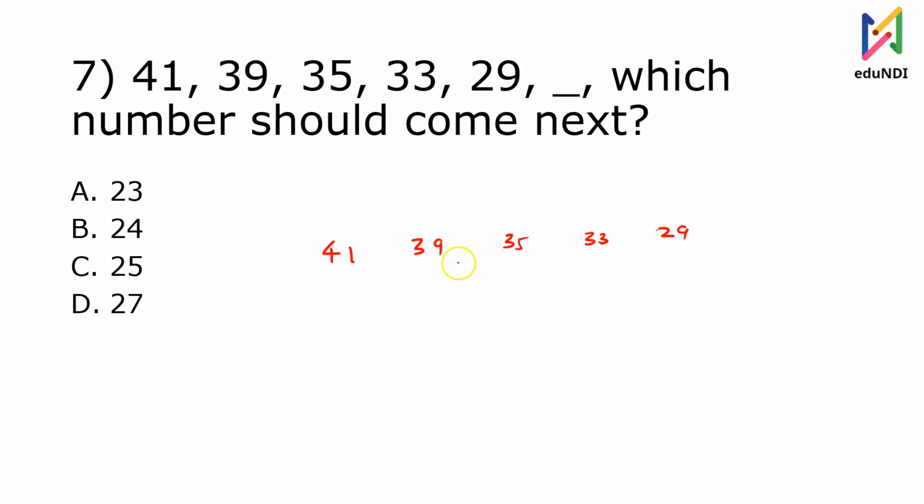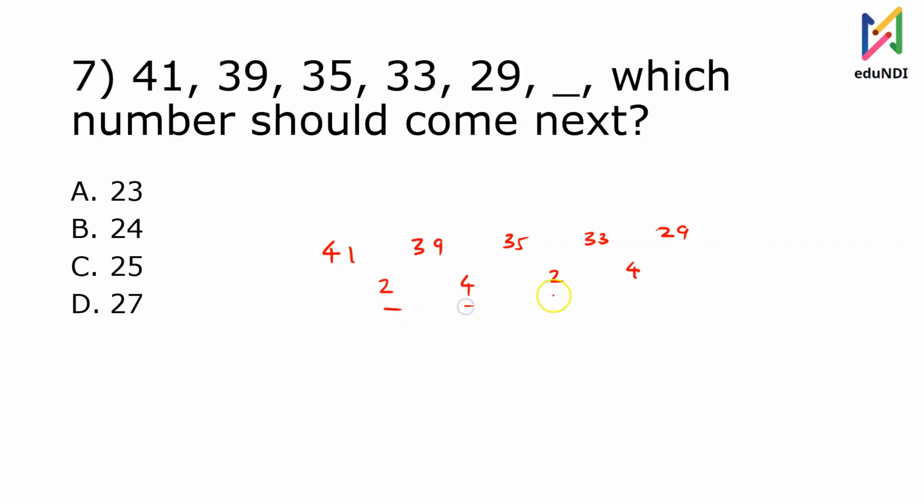So if you see these numbers, obviously there is no specific pattern. In the earlier example, the divisibility by 7 was very apparent, right? Here nothing is there. So what is the next step? You will find the difference between a number and its immediate next number. 41 and 39, 2; 39, 35, 4; 35, 33, 2; 33, 29, 4.